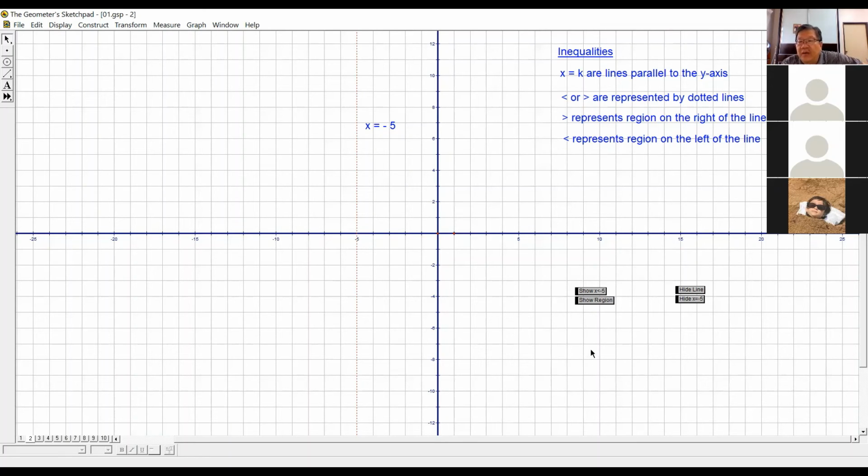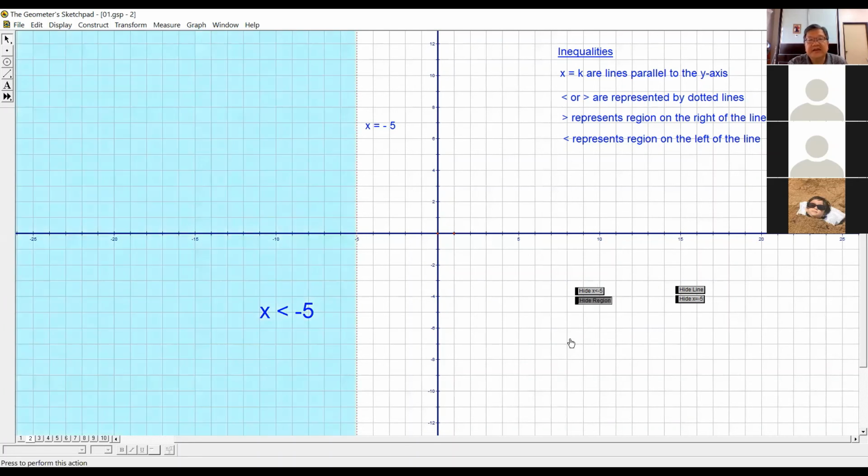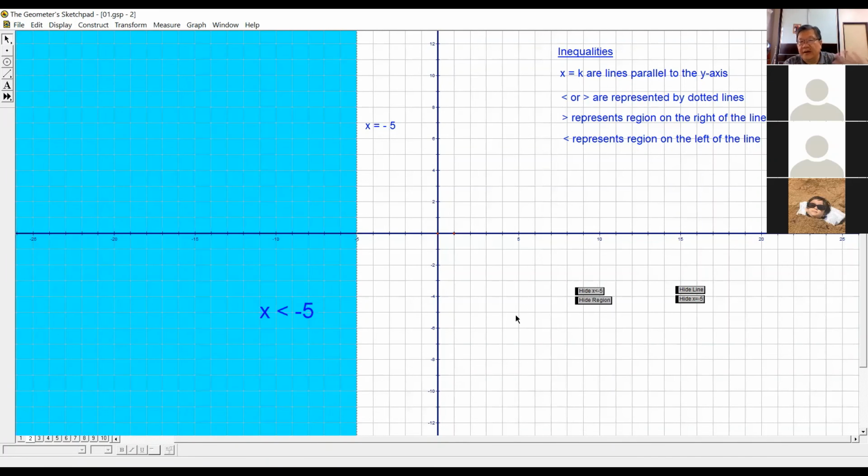Now, if I ask you to shade the region x is less than -5: less than means the left-hand side, and greater than means the right-hand side. So x less than -5 is the part on the left-hand side.